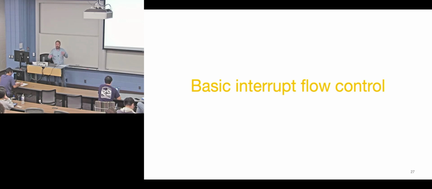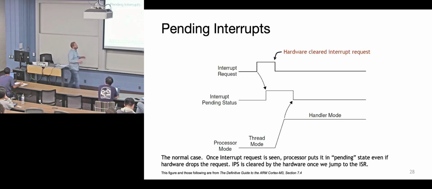We're going to talk about the sequence of events that occur for interrupts to happen. So in this diagram, we have 3 traces here. This is the processor mode, whether you're in your normal program execution or you're in your handler. You have an interrupt request, which is one of those lines that go high or low from the NVIC, and then you have your pending register status, or interrupt pending status.